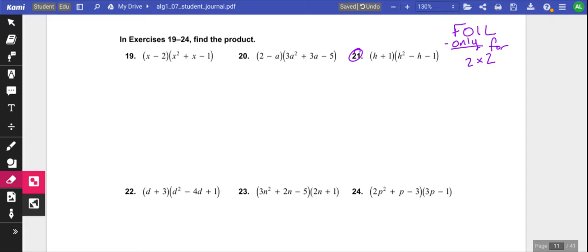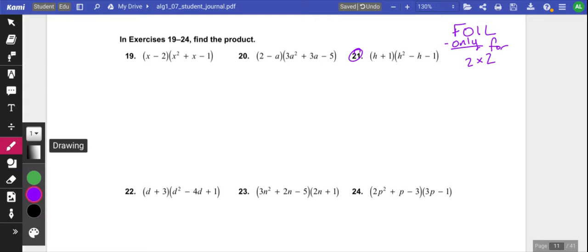But instead of thinking FOIL, let's think more like I'm distributing. I'm not just distributing the 1, I'm not just distributing the h, but I want to think of it like I'm distributing the h to each one of these 3 terms. And I'm also going to distribute the 1 to each one of these 3 terms.